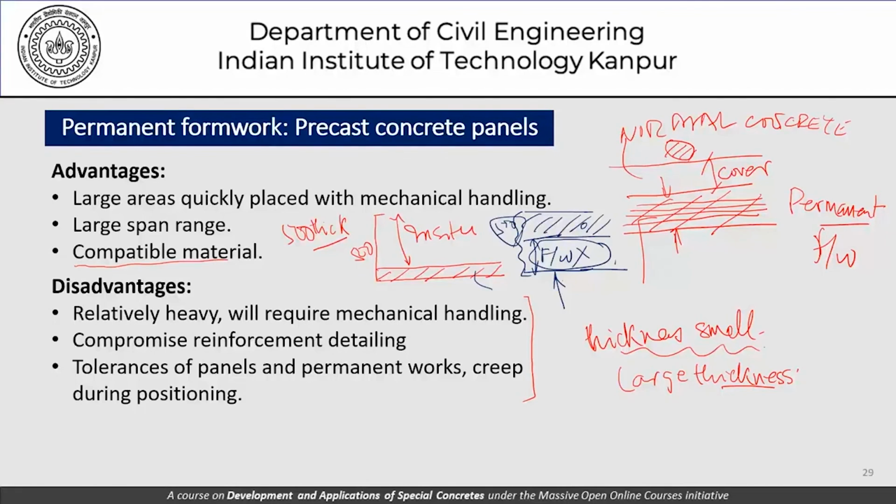And unless that happens, the economics will not necessarily work out. So this has to be taken into account from the economics point of view, not only the initial cost of construction, but also the life cycle cost. Obviously if a structure is more durable, the life cycle cost will be lower. There will be lower issues related to maintenance, and that could possibly justify the investment in permanent formwork, or for that matter even the CPF liners.